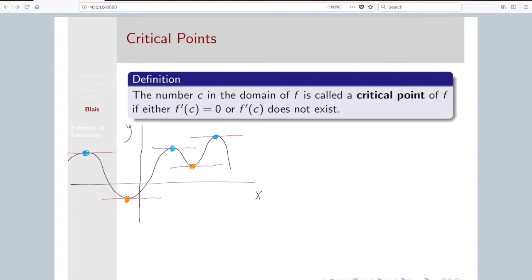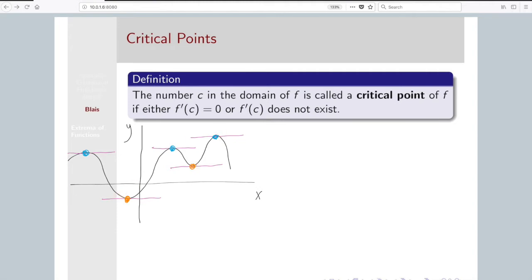Remember that it's a necessary condition that the tangent line has to be horizontal at any extreme point of f. We call these types of points critical points.